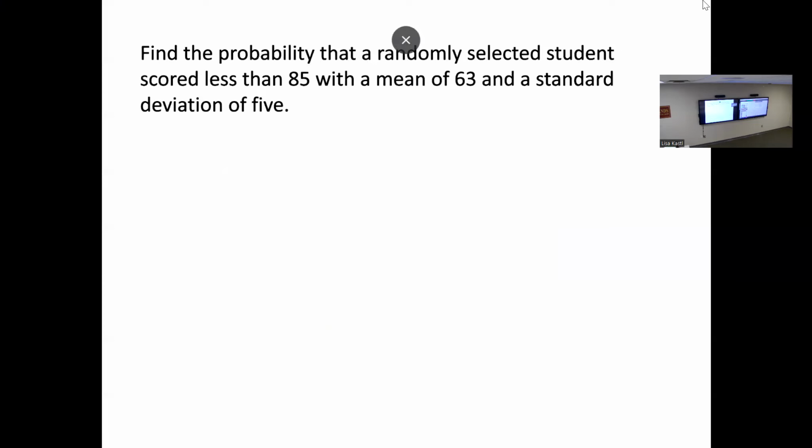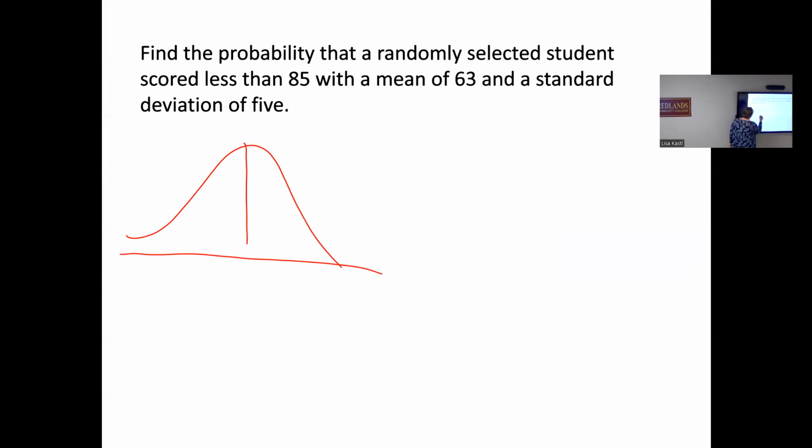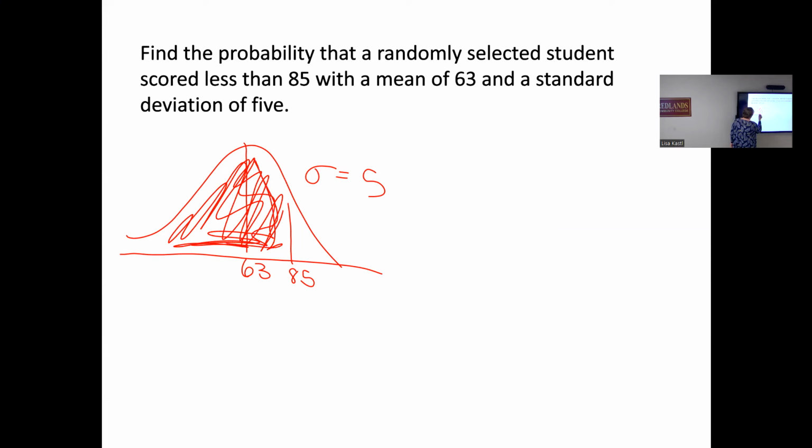All right. Find the probability that a randomly selected student scored less than 85 with a mean of 63 and a standard deviation of 5. So our same distribution, normal distribution with a mean of 63 and a standard deviation of 5. What's the probability that I randomly select a student who scores less than 85, excuse me. So this is a normal.